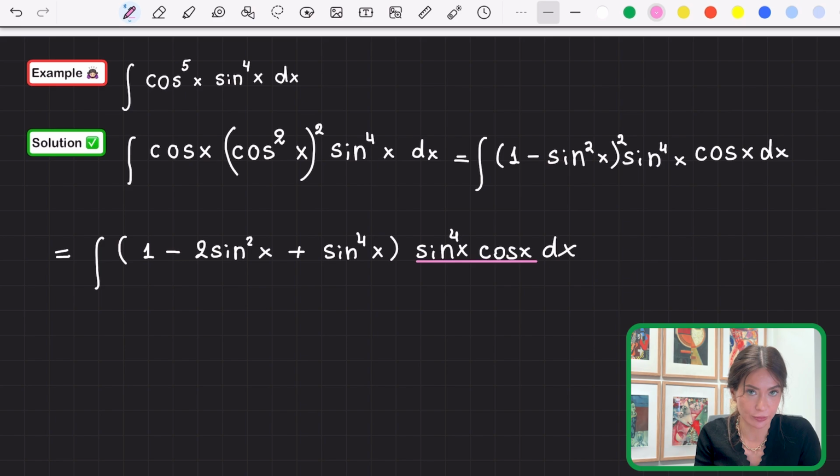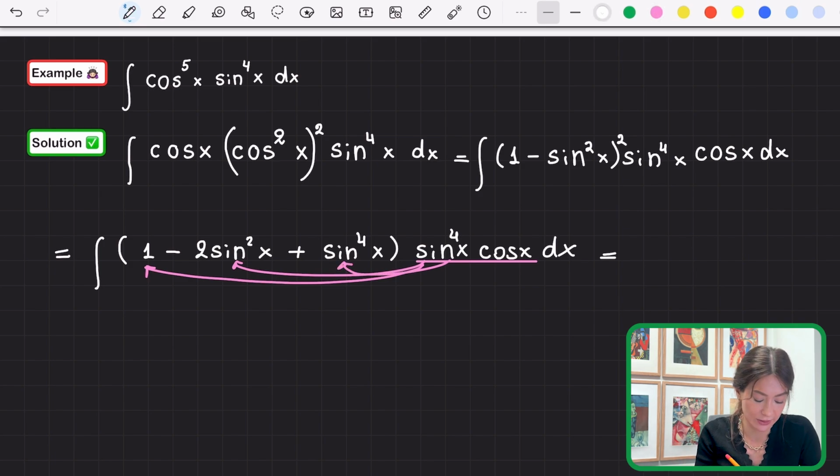Instead of 2 terms, now I'm going to have 3 terms. So I'm going to split that into 3 integrals. I'm going to multiply it through by 1, by negative 2 sine squared, and positive sine raised to the 4th power. First integral will be just this thing by itself, because it's multiplied by 1.